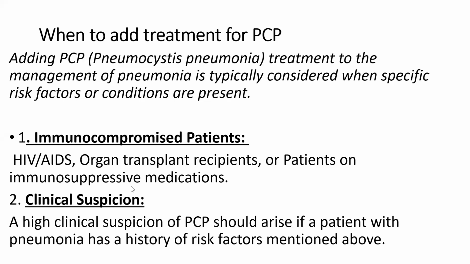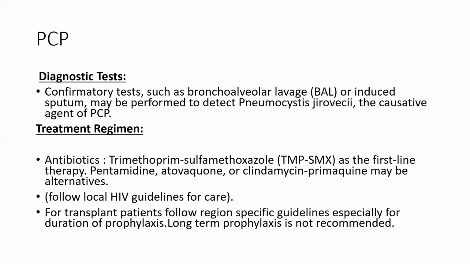For treatment where you have a high suspicion of PCP, in liaison with an ID specialist, you can start treatment. The drug of choice in local guidelines still starts with cotrimoxazole as first line, across the board for both transplant and immunosuppressed patients.